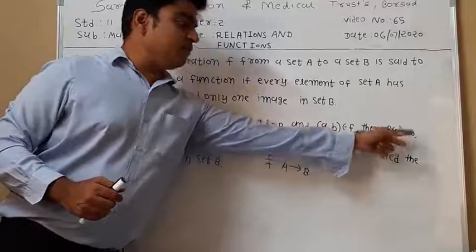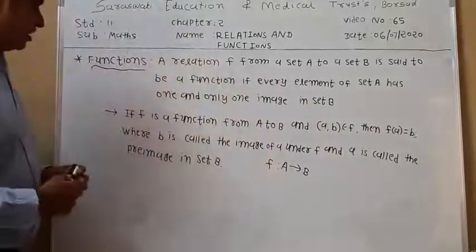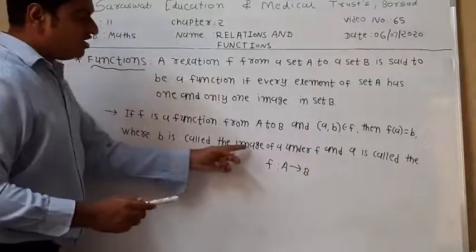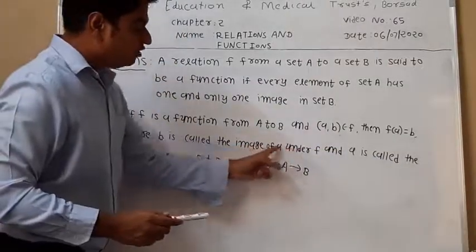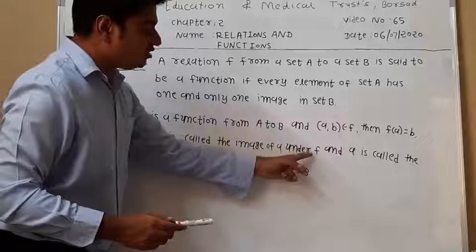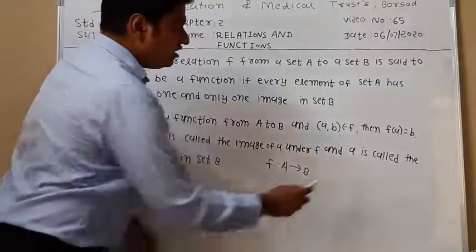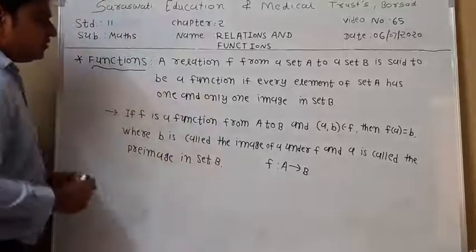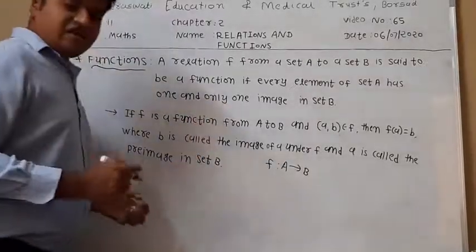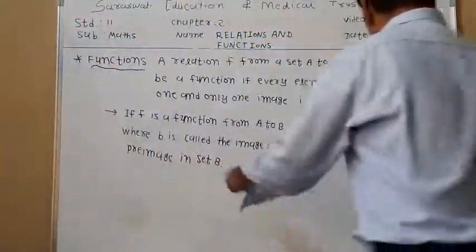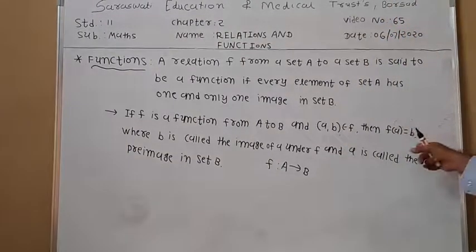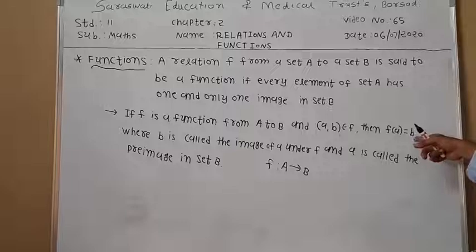Then f of A is equal to B, where B is called the image of A under f, and A is called the pre-image of B.